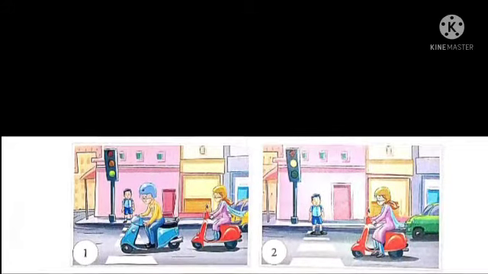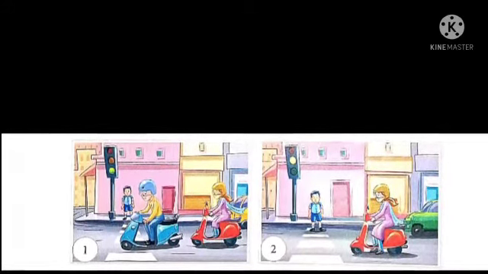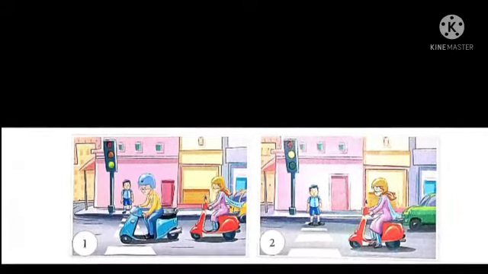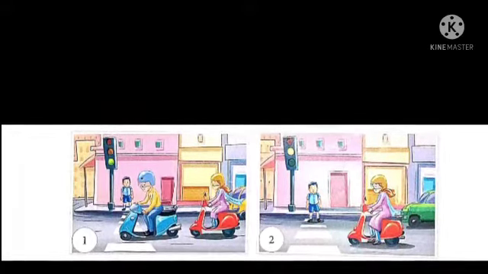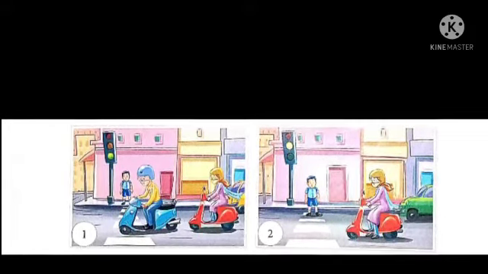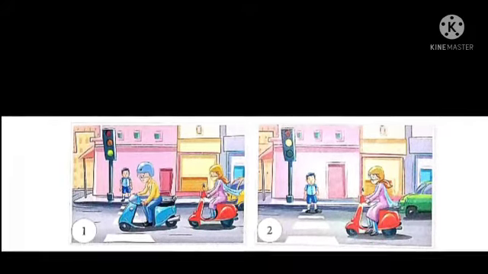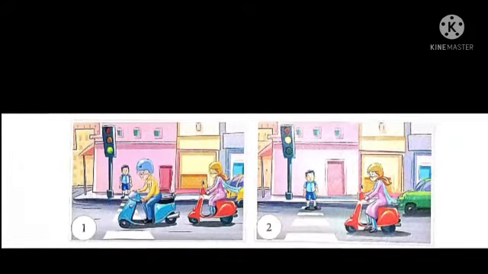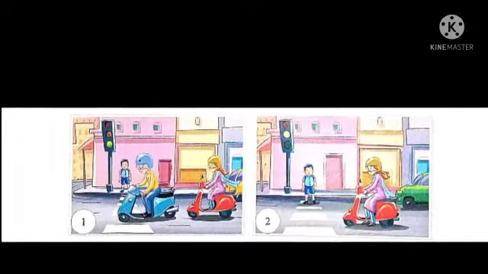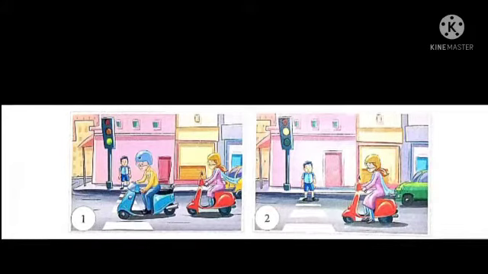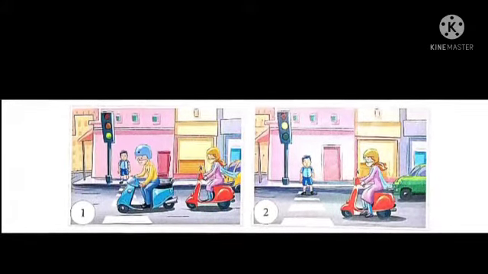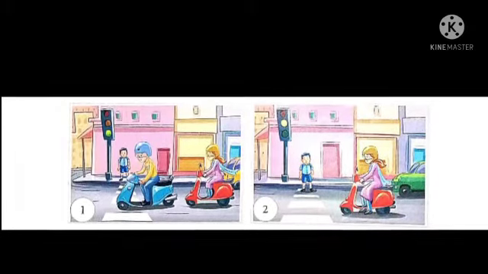You are able to see from this picture that there are vehicles on the road and there is a zebra crossing with a traffic signal. Now the rules and the conditions are that you have to follow the traffic rules to cross the road. You have to wait for the pedestrian signal before crossing the road, and no vehicle should move while you are crossing the road. So these are the rules or the conditions.